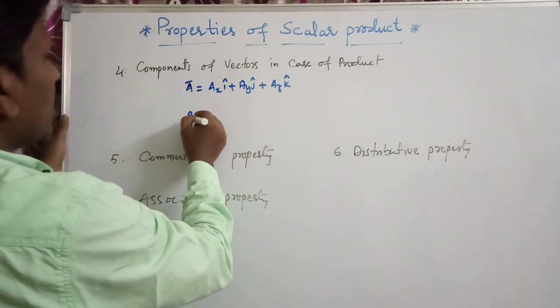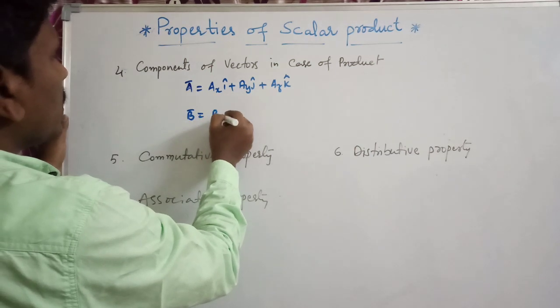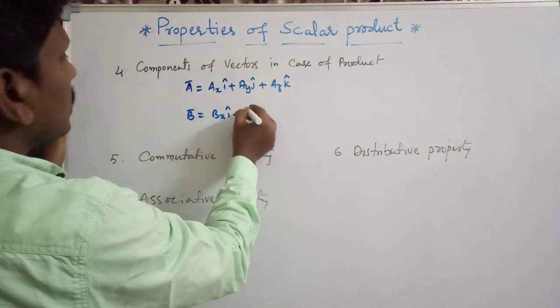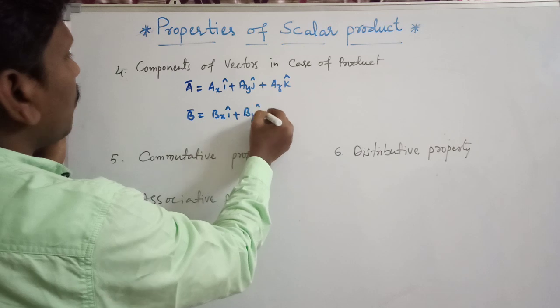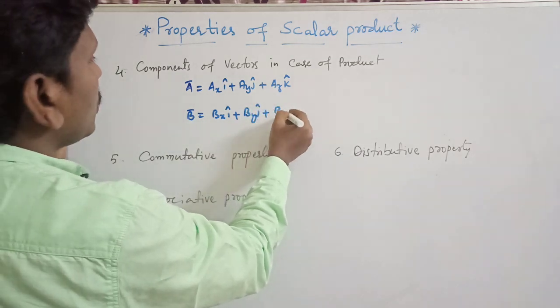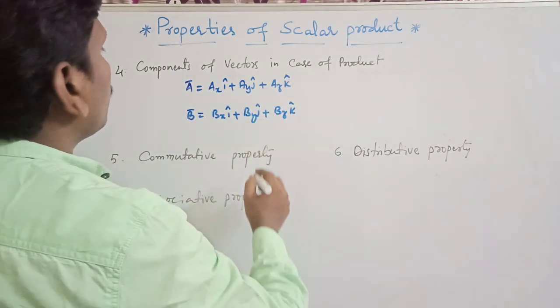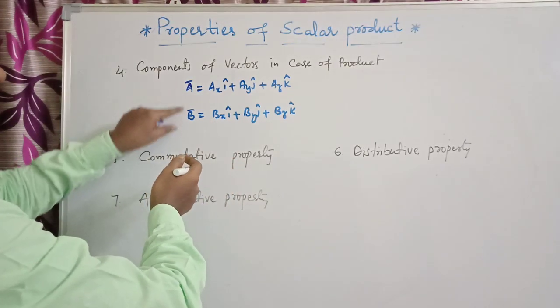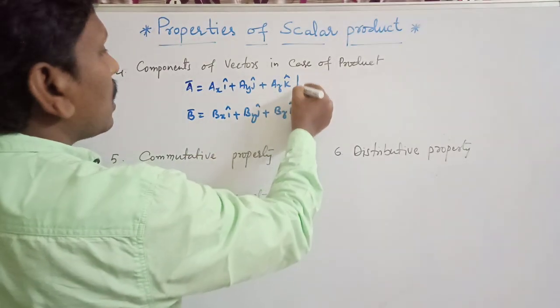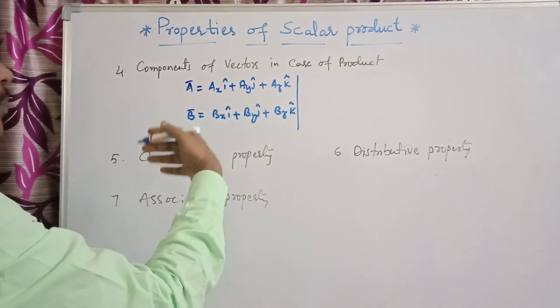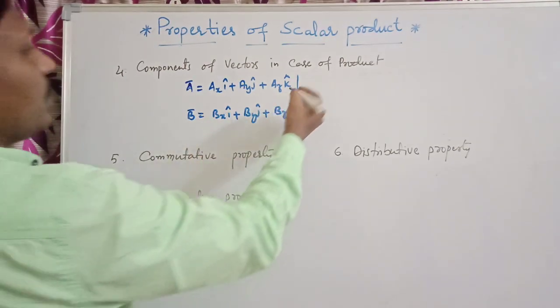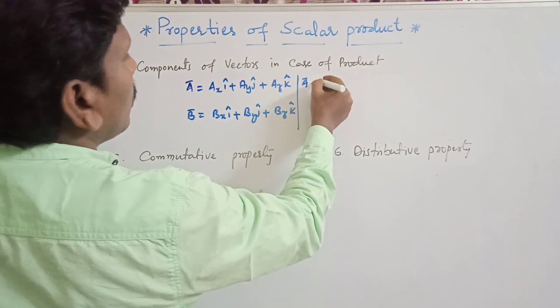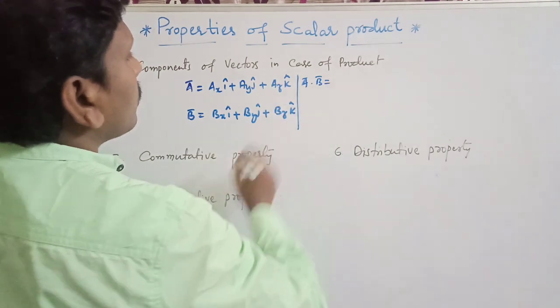Now the b vector is bx i cap plus by j cap plus bz k cap. Now I am going to multiply the a vector with the b vector. The method that we are going to see is a bar dot b bar.